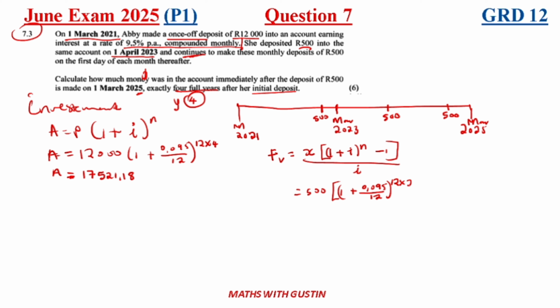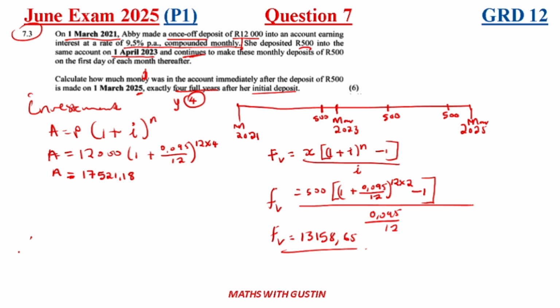So these 500s, all of them would stay in the account for 2 years. Therefore you close bracket, all over 0.095 divided by 12. So the future value here will therefore be 13,158.65.